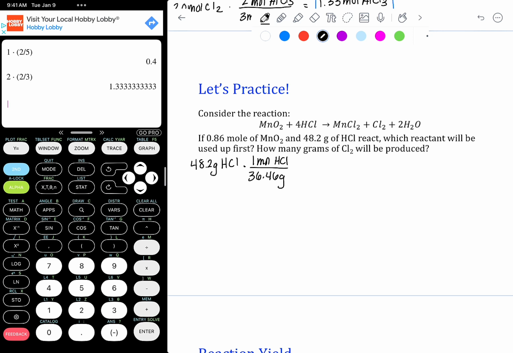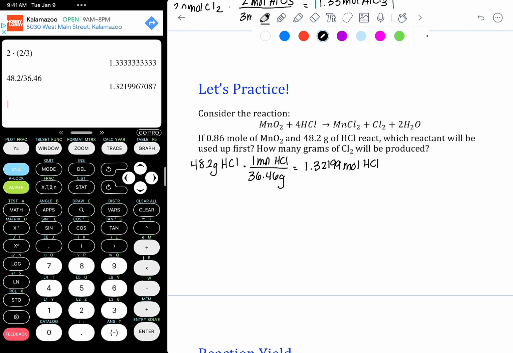So we take 48.2 and we divide that by 36.46. And that gets us 1.32199 moles of HCl. So I now have my moles of one reactant.